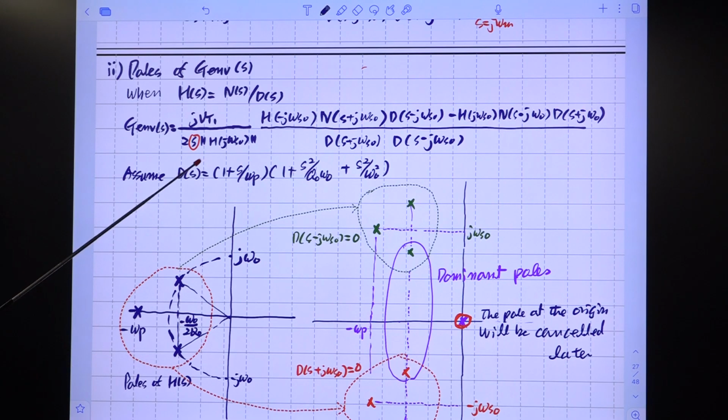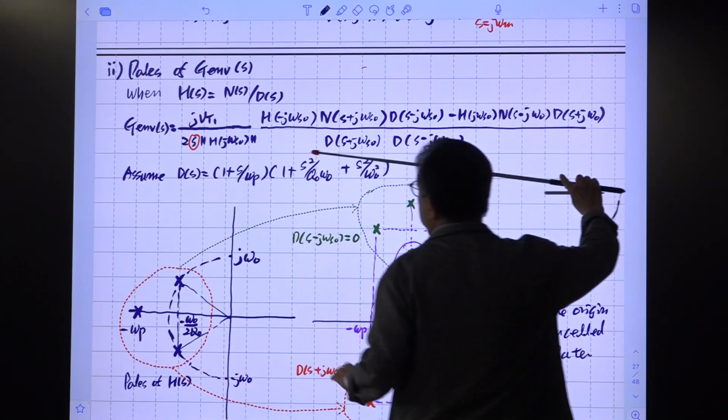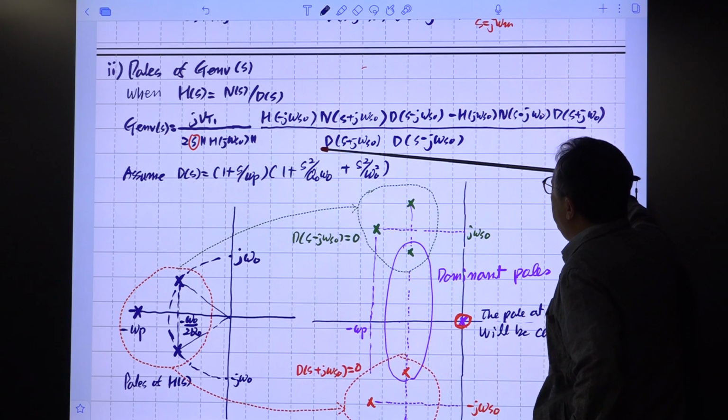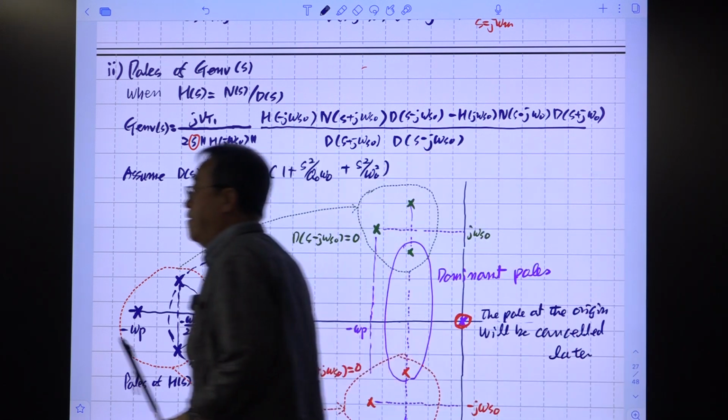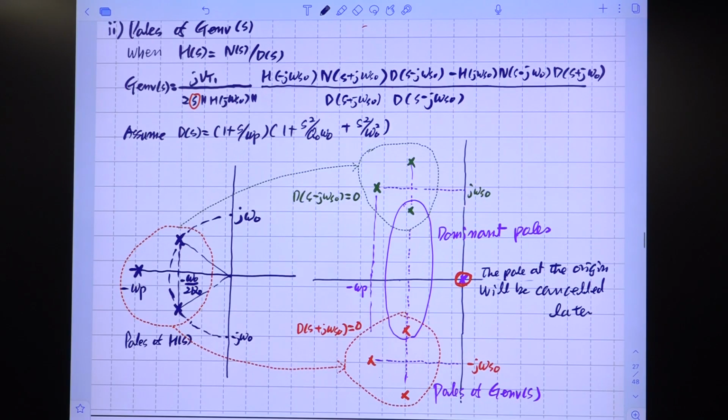And you have another one, the real pole, which occurs at minus omega p. This is the pole of Ds. So you have three poles, right? Then the denominator of this one is Ds plus j omega s times Ds minus j omega s. Later on we'll prove this, or you can easily think of this.